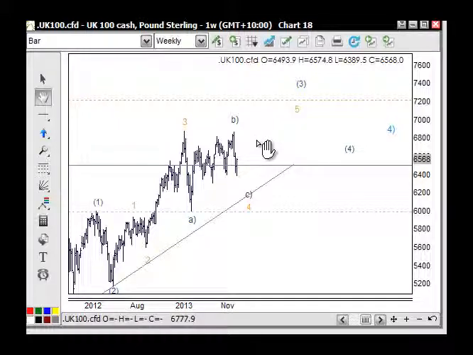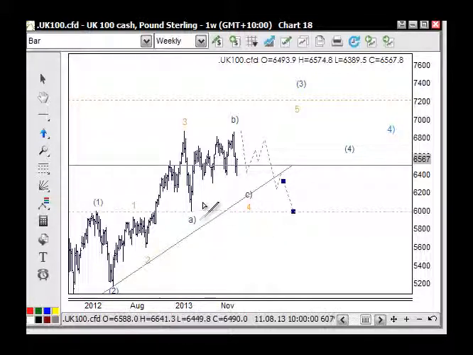If that's not the case, then we've got more of a bearish picture, and we'll be looking down for 1, an A, B, and C for 2, that's the alternative, and then down for 3, 4, and 5. Okay, so down to here is a flat correction.